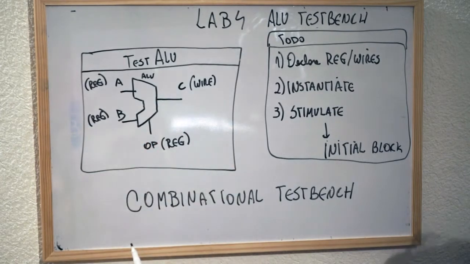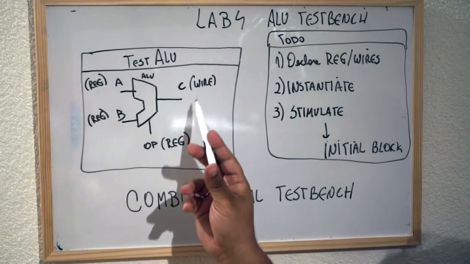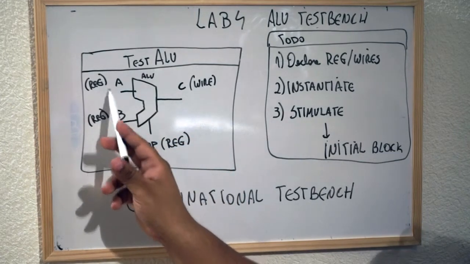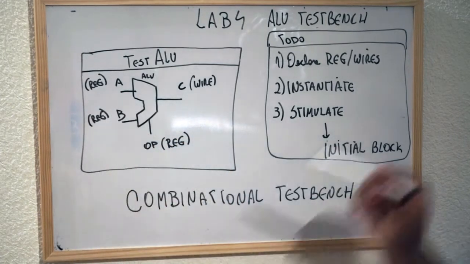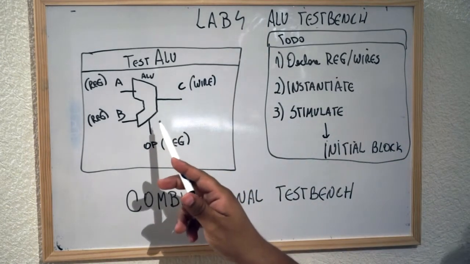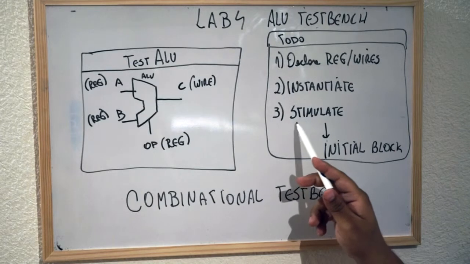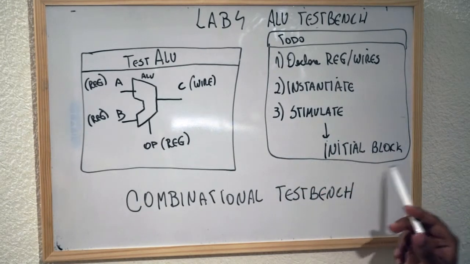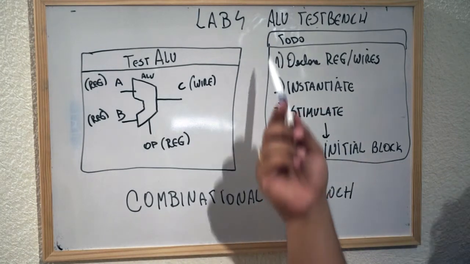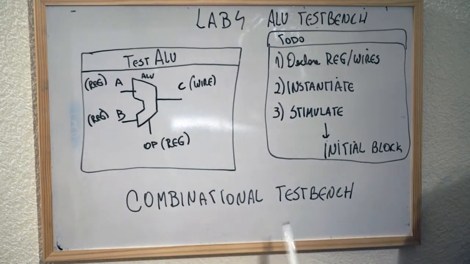As a rule of thumb, we use wires for the circuit outputs and regs for the circuit inputs. Then we instantiate the circuit that we want to test, and we simulate by using the initial block. So again, this is the set of rules for combinational test benches, and we're going to switch now to the screens.